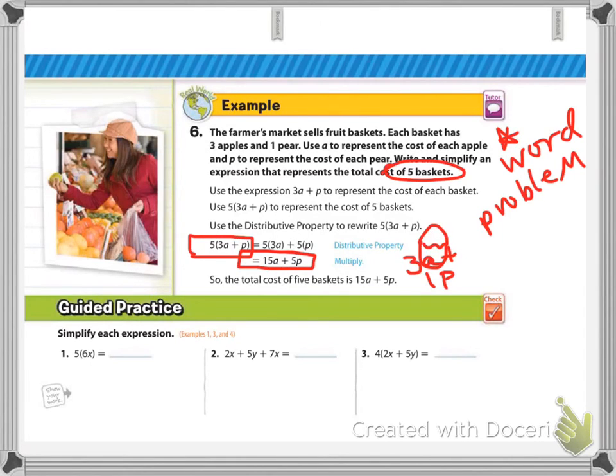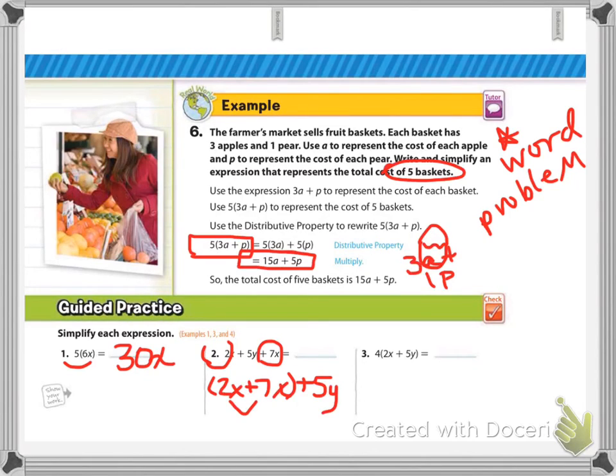We also went over these answers in class. We said that this was distributive property. You needed to multiply 5 times 6. We said here in number 2, you needed to circle the like terms and put them in parentheses. So 2x plus 7x plus 5y.